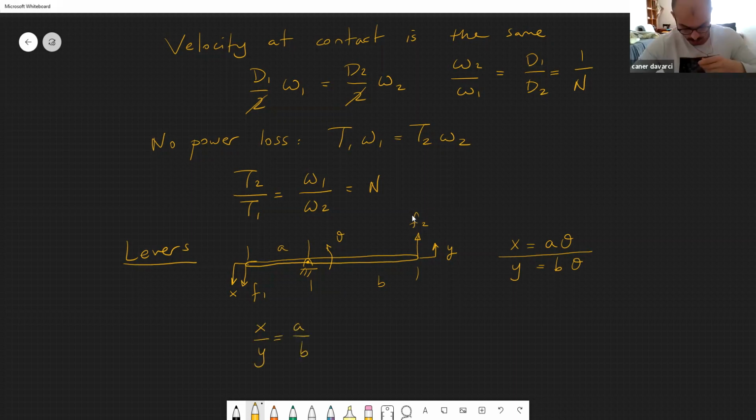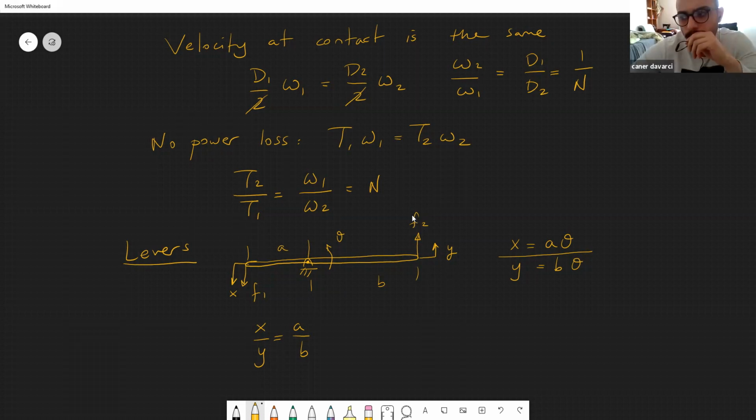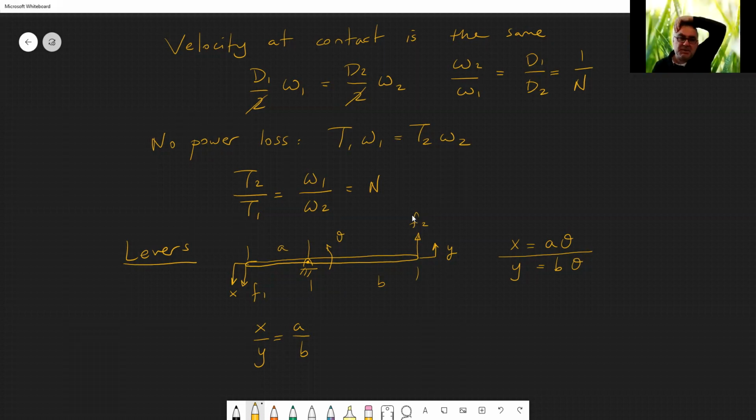Hocam, can I ask a question? Yes. In the external mesh, aren't we taking a minus in the relation of the velocity with the diameter? The gear? Yes, Hocam.